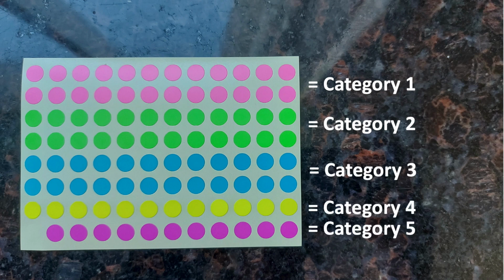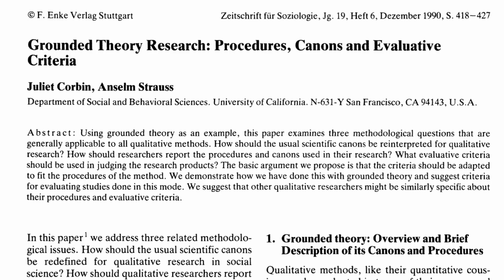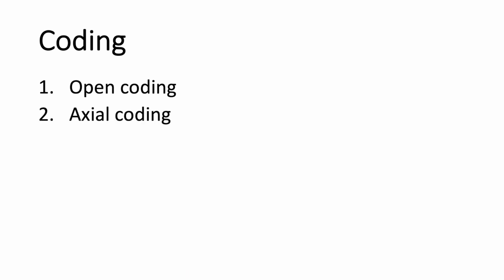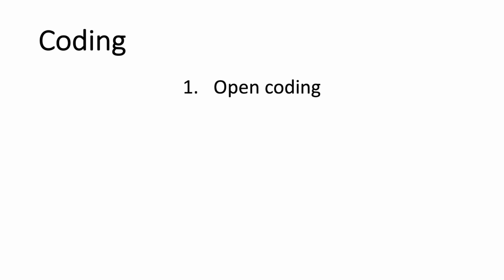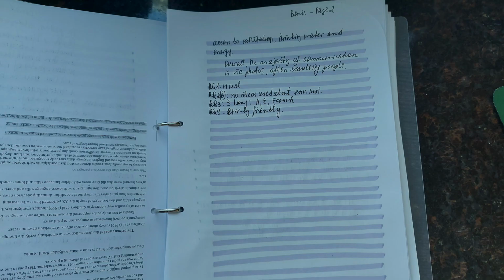Once we have decided on the colors, we start the process of coding according to the grounded theory. From the grounded theory reading, we know that coding has 3 strategies: open coding, axial coding, and selective coding. At the first stage, the stage of open coding, we read through the text of our data looking for the answer to the first research question.